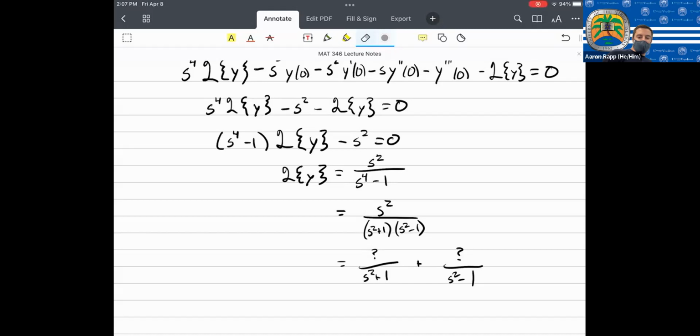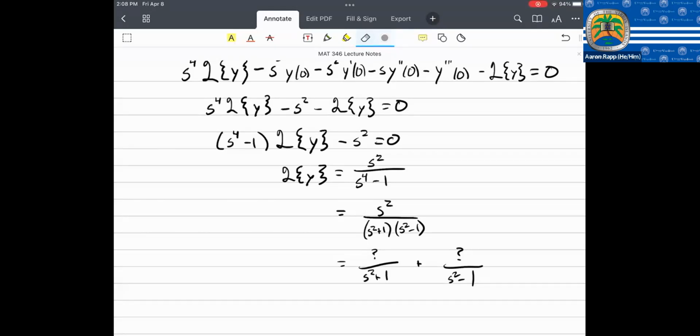So I go back and look and say, do any of these deal with what I'm looking for? Well, an s squared plus 1 squared with an s in the numerator, maybe I can get a cosine term to appear.